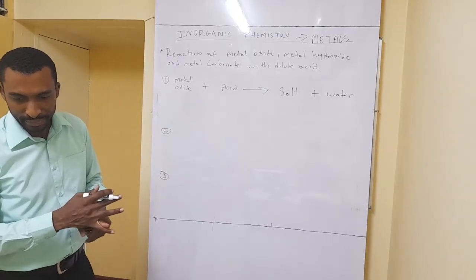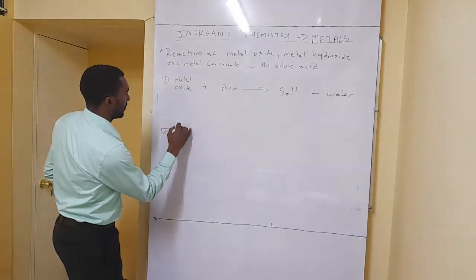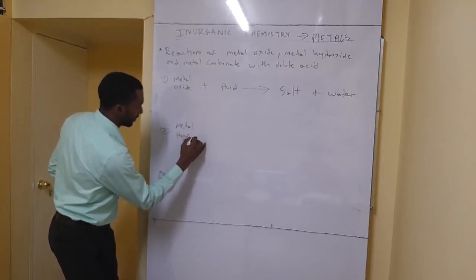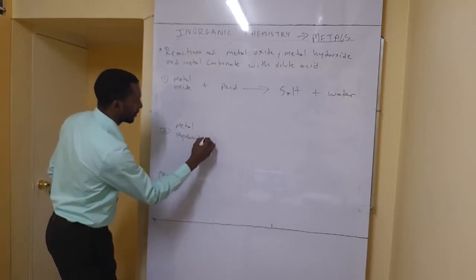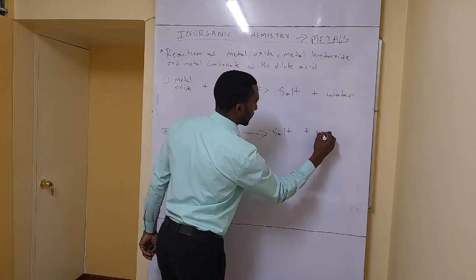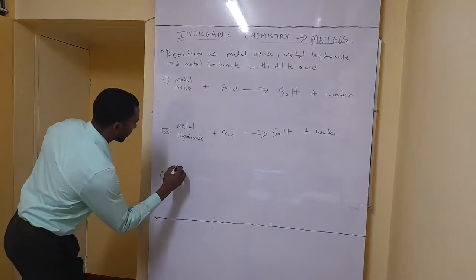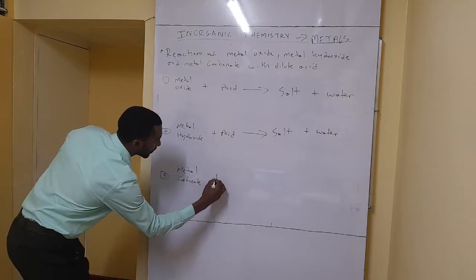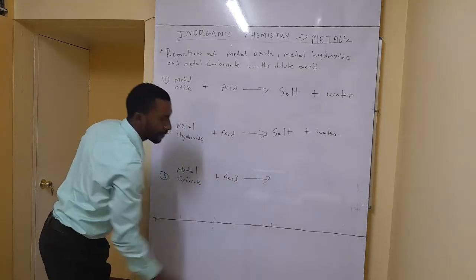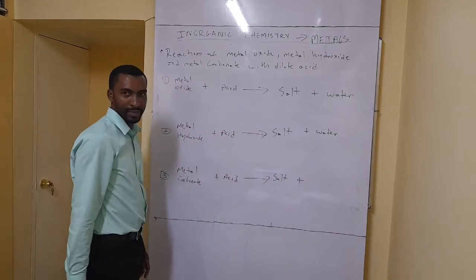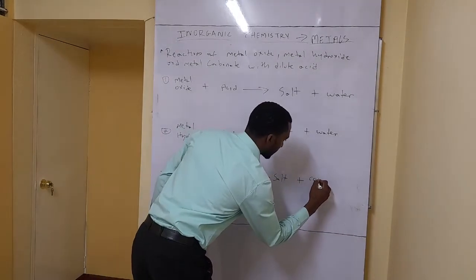And metal hydroxide plus acid produce salt and water. While metal carbonate plus acid, what do we produce here? Salt and carbon dioxide plus water.